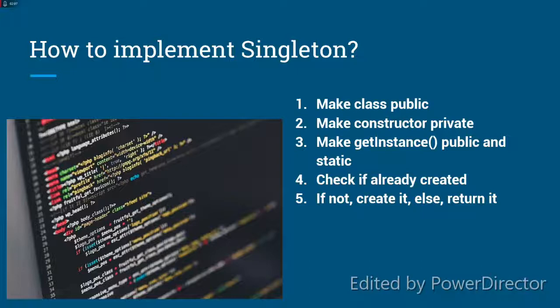This is what's going to give it the singleton dynamic of only being able to be created once, by making this constructor private, and by the third step, making the getInstance method public and static. What this is going to do is make the getInstance readily available all throughout the program. And there are 2 essential characteristics to the getInstance method.